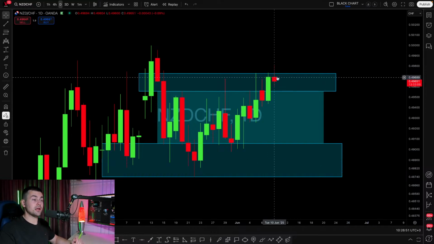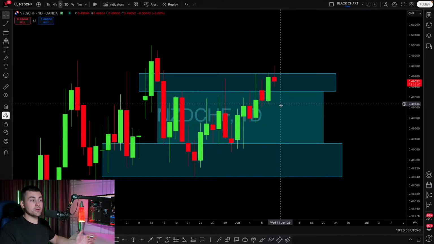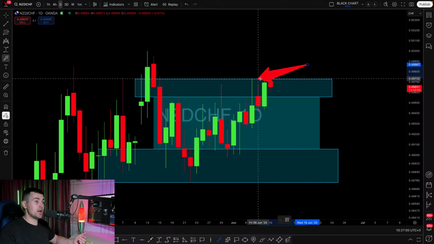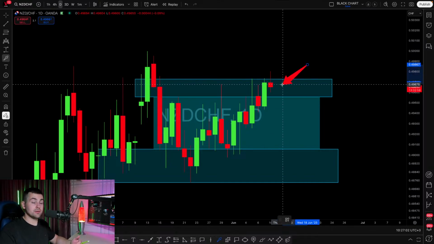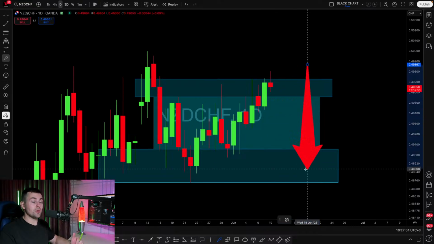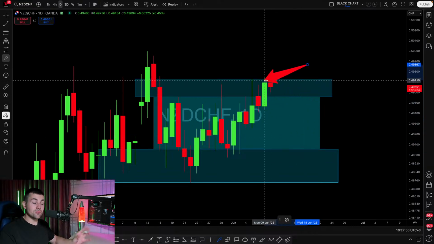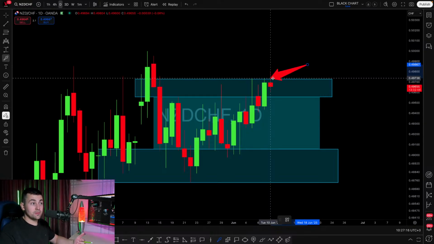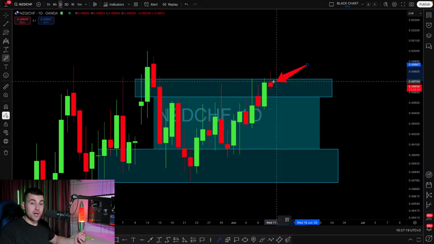And you can see that at the moment, the New Zealand Swiss pair is testing the upper boundary of that consolidation. As I said, because the market is consolidating, the resistance of that range may provide a nice zone to sell from. That can be a perfect area to try to catch a pullback, a retracement from that.